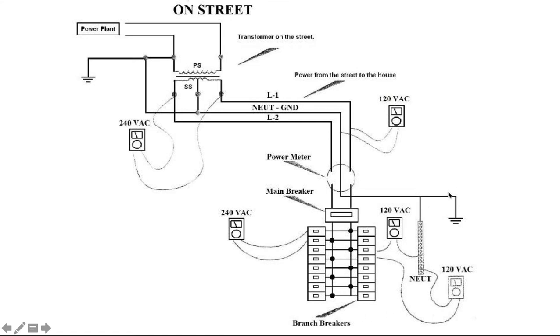They're actually tied together to a ground. So between L1 and neutral, you get 120. Between L2 and neutral, you get 120. The double pole breakers, which capture both L1 and L2, you will get 240.